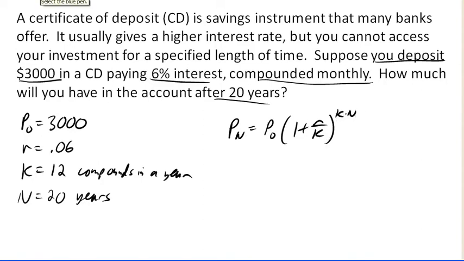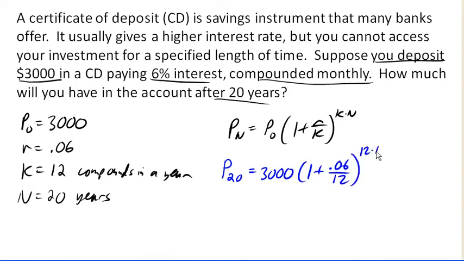So we know that we're looking for the amount after 20 years. The initial amount is 3,000. My interest rate is 6%, 12 compounds in a year. 12 times 20, because we're doing this for 20 years. Now, when I go to evaluate this on my calculator, I'm probably going to simplify a couple things first.